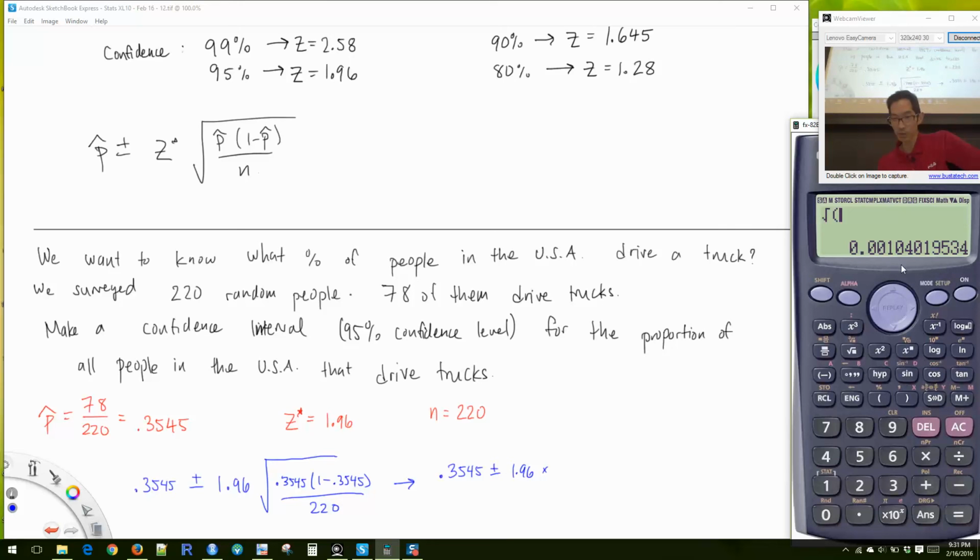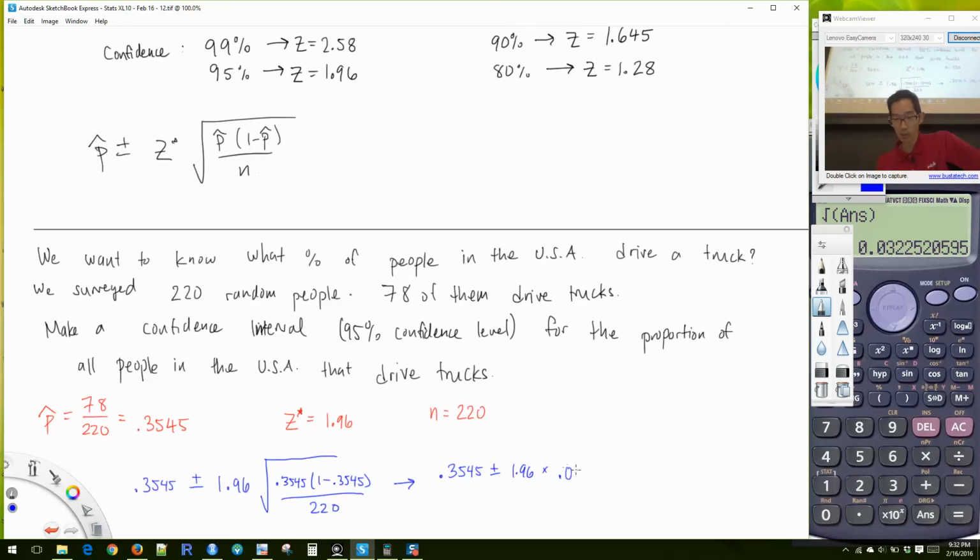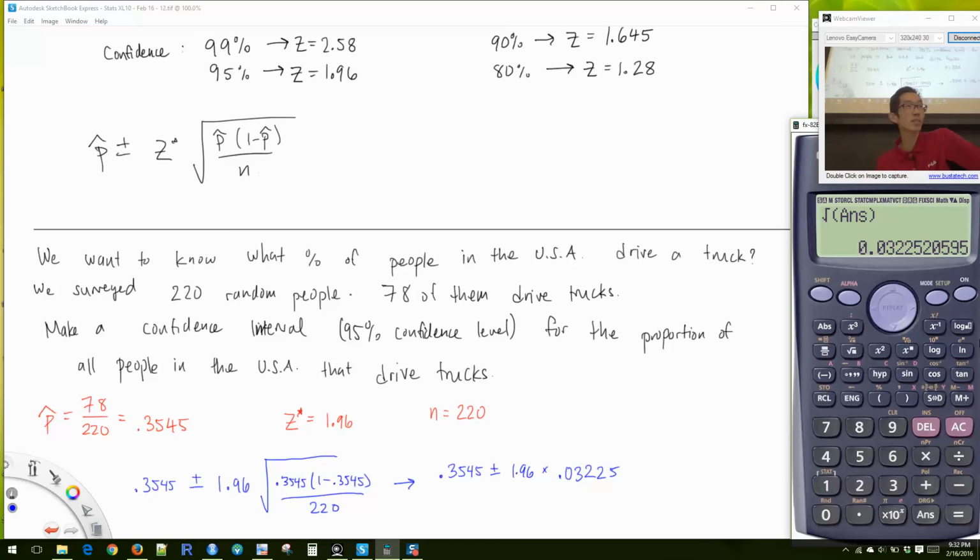Square root of 0.00104, square root of that is 0.03225. So I got 0.3545 plus or minus 1.96 times 0.03225. Is that okay?